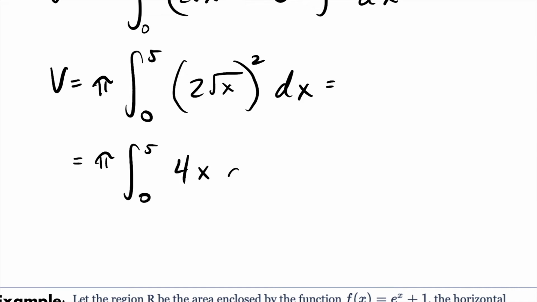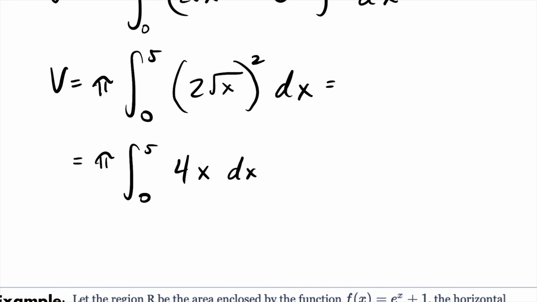It's going to be 4x dx because you square everything on the inside. 2 squared is 4. The square of the square root of x is x.